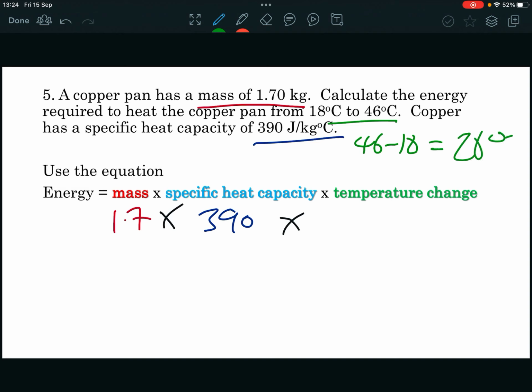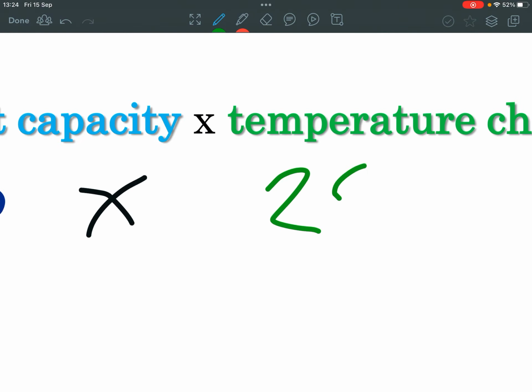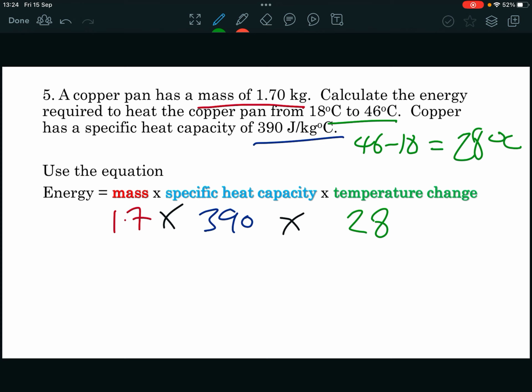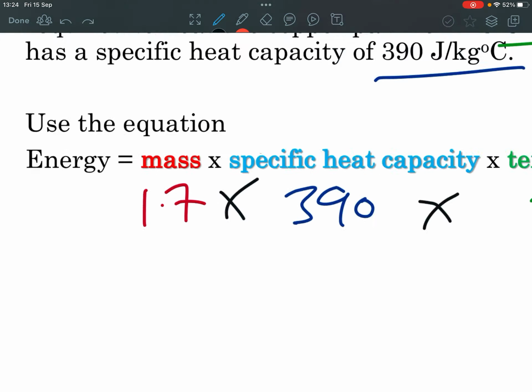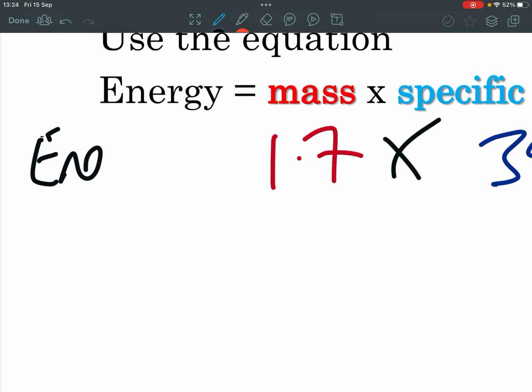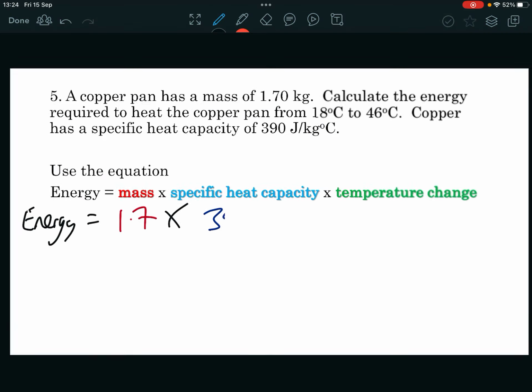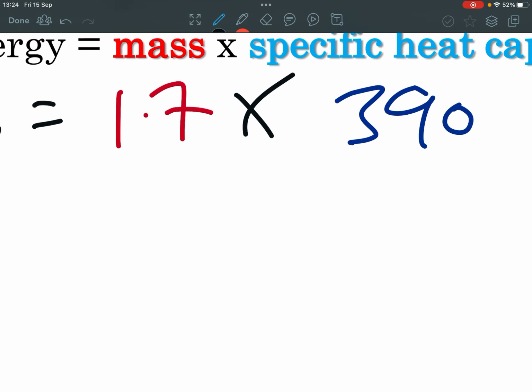So I'm going to put 28 degrees Celsius there. And then what we're going to do is we're going to write in energy at the front, and put that number into a calculator.